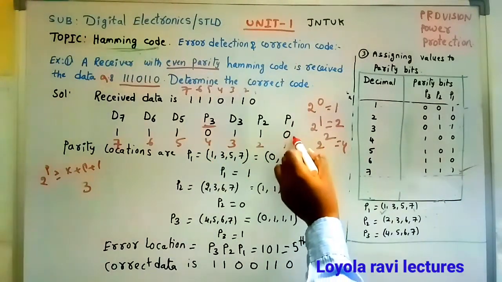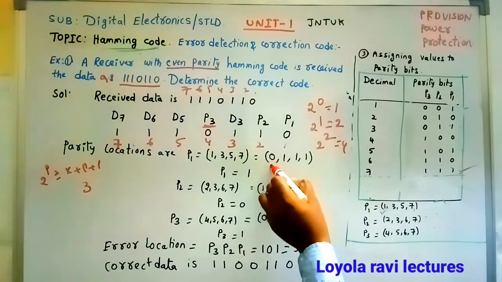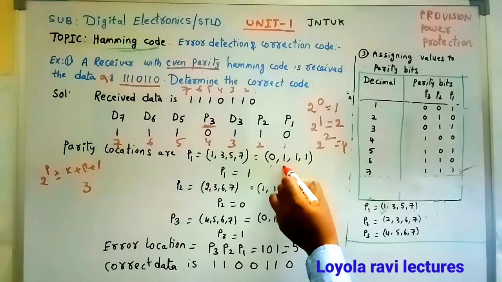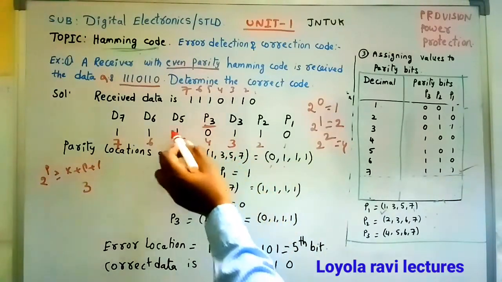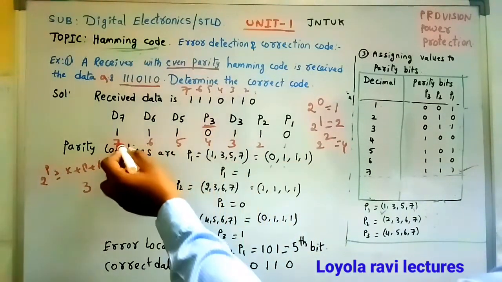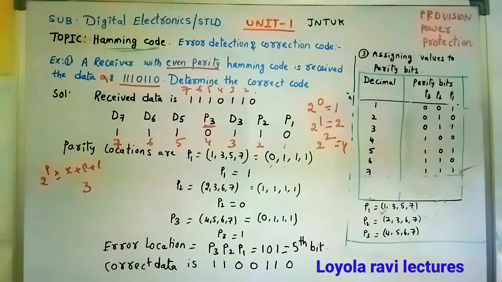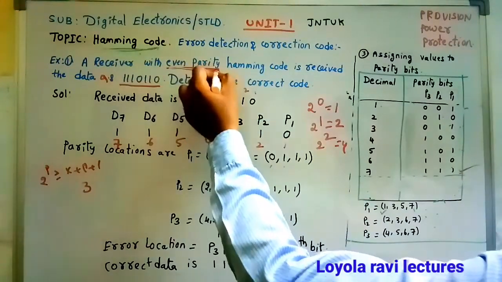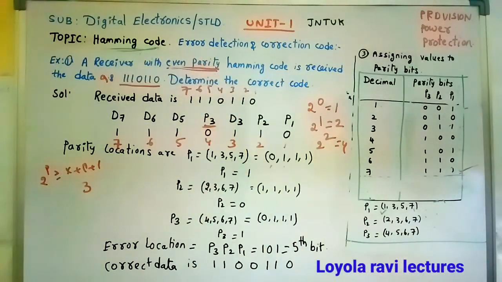Now you can write the first location bit. First location bit is 0. Third location bit is 1. Fifth location bit is again 1. And the seventh location bit is also 1. So 0, 111. But he is telling that I am using the even parity method.